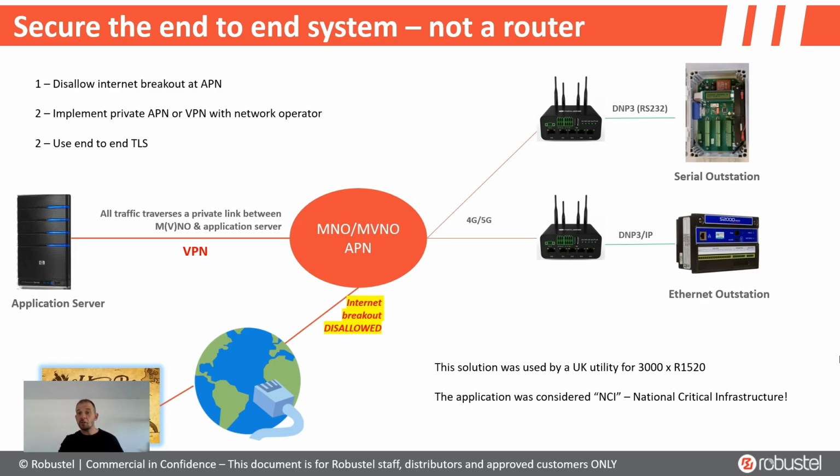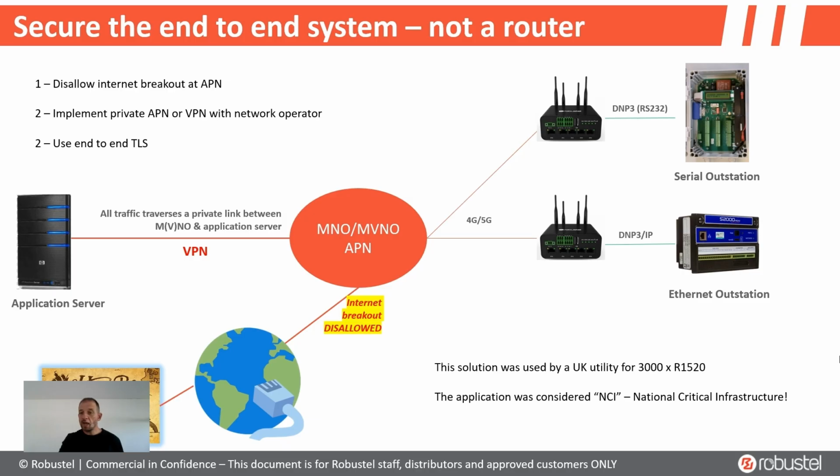And although this is a quick pitch, it's worth briefly mentioning that what we have here has been used by utilities companies, the big users of this technology, for years, which is just to build a private interconnect between your application service and your airtime provider.